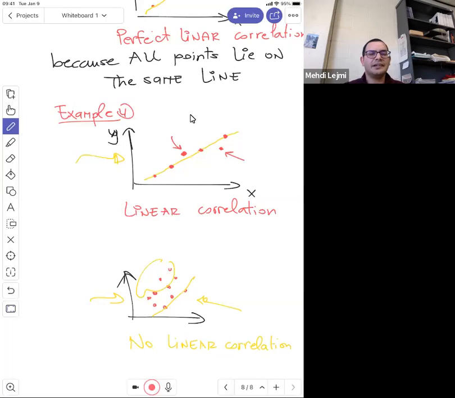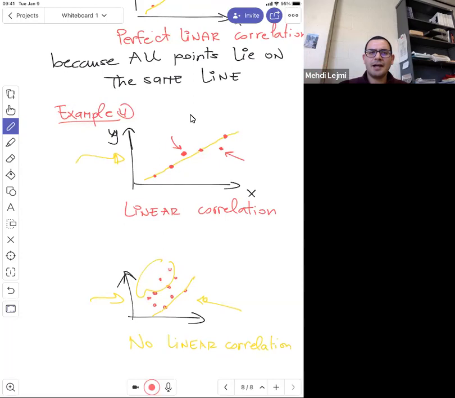From the graph you can make an educated guess, but later we're going to have a numerical measurement, and that number will tell you if you do have a linear correlation or not.